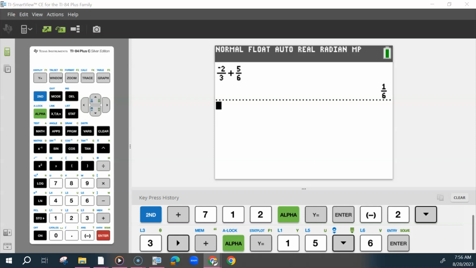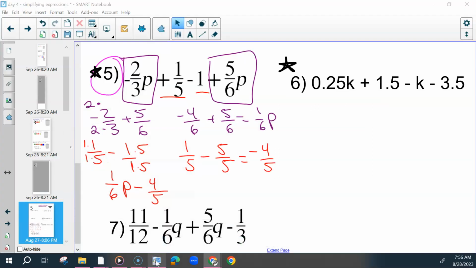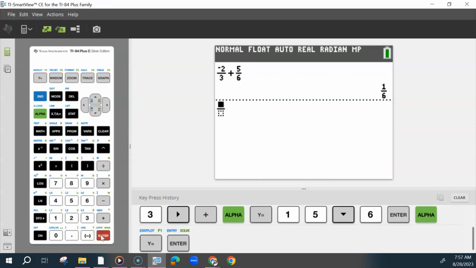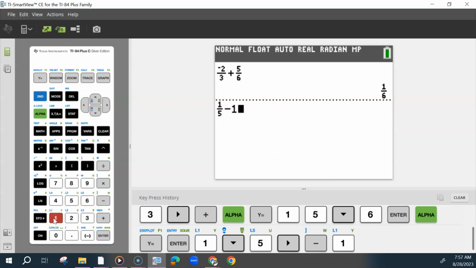You can do the same thing for the other one. So go ahead and do that. What was it? 1/5 minus 1. So alpha y equals, put in the fraction, type in 1/5, and do minus 1. Minus, not negative.